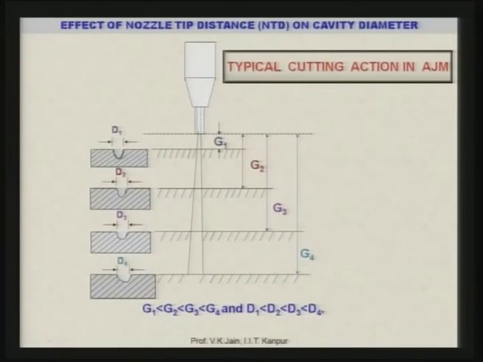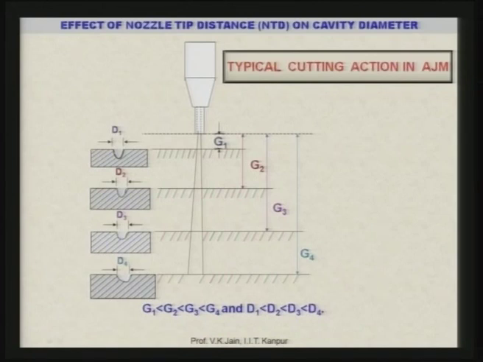Now, how the standoff distance or nozzle tip distance is affecting the shape and size of the cavity is well illustrated in this particular figure. Let us take, this is the nozzle and the jet is coming over here, and this distance is the nozzle tip distance G1. You can see here the width or diameter of the cavity, depending upon the cross section of the nozzle, is D1.